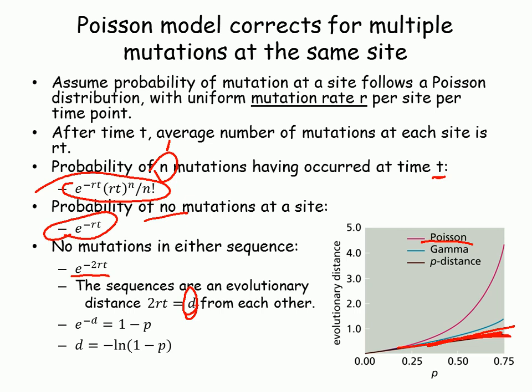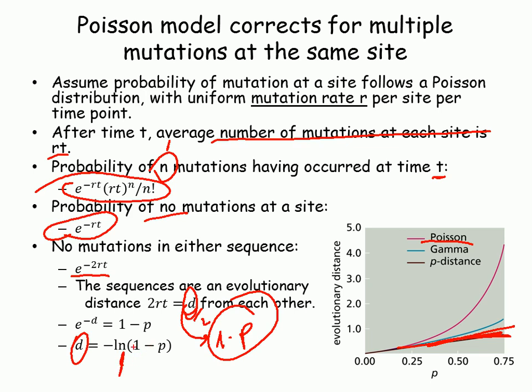Okay. So the average number of mutations is given as rt. Okay. So that is d over 2. The distance is, as I mentioned, going to be 1 minus p. All right. And then you can solve for d if you'd like by taking the logarithm of both sides.